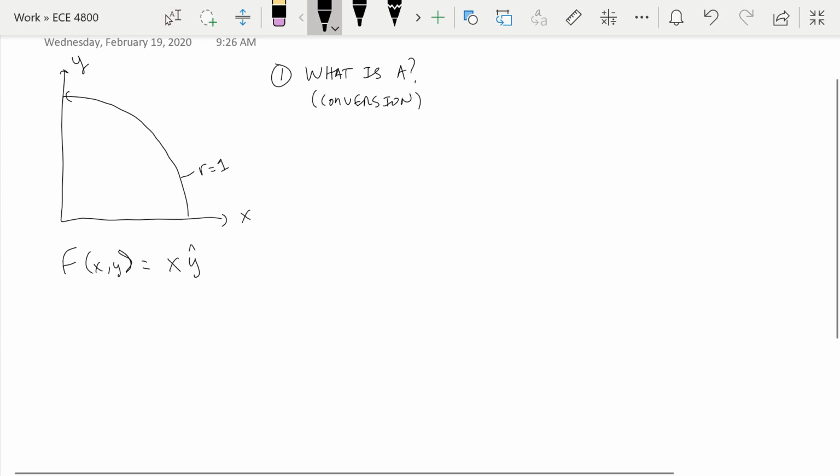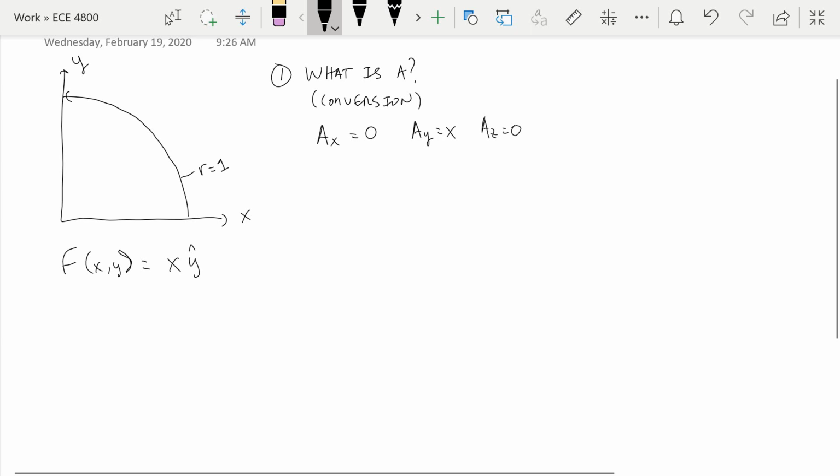We're going to use the formulas that we have there. So we have the A_x, A_y, and A_z components. Our A_x component is equal to 0. Our A_y component is equal to x, and our A_z component is equal to 0. So these are the 3 components of our vector field, and we're going to convert that into cylindrical.